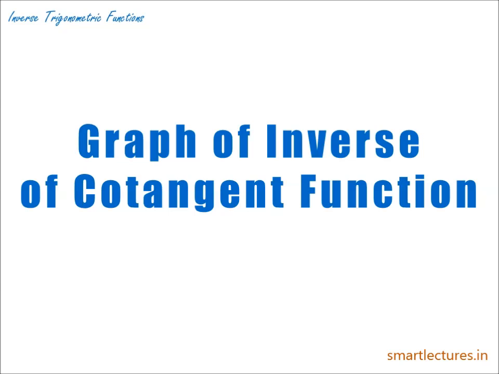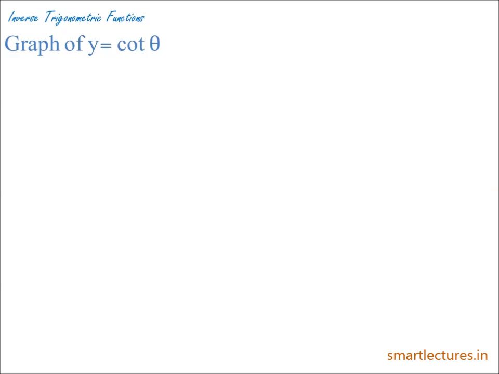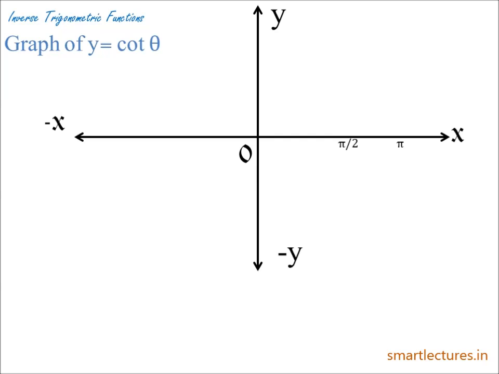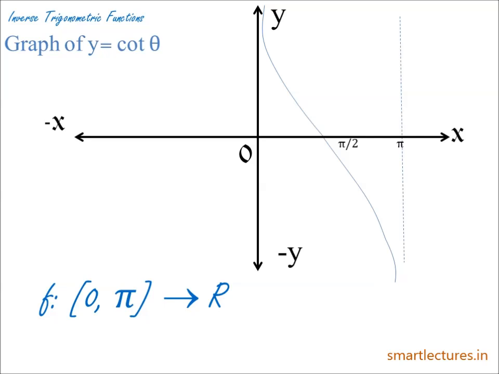And now we shall draw the graph of the inverse of the cotangent function. So let's first draw the graph of y is equal to cot theta. Note that the domain of the cot function is the open interval 0 to pi, and its range is the set of all real numbers.